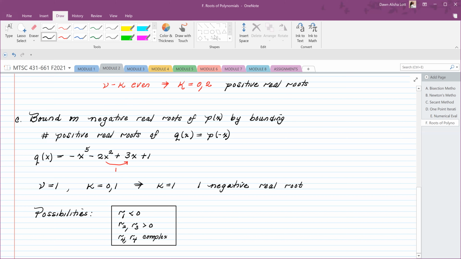So that's one possibility. And the other possibility is that R1 is less than 0, R2 and R3 are complex conjugates, and then R4 and R5 are complex conjugates.